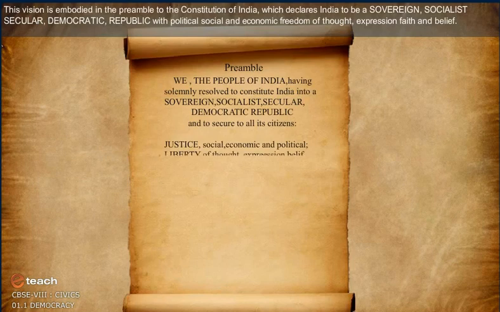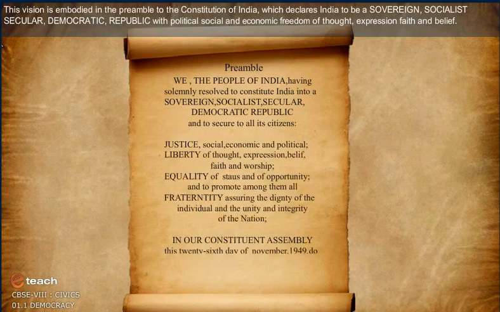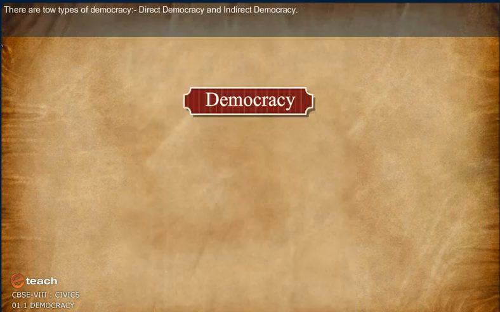This vision is embodied in the preamble to the Constitution of India, which declares India to be a sovereign, socialist, secular, democratic republic with political, social, and economic freedom of thought, expression, faith, and belief.